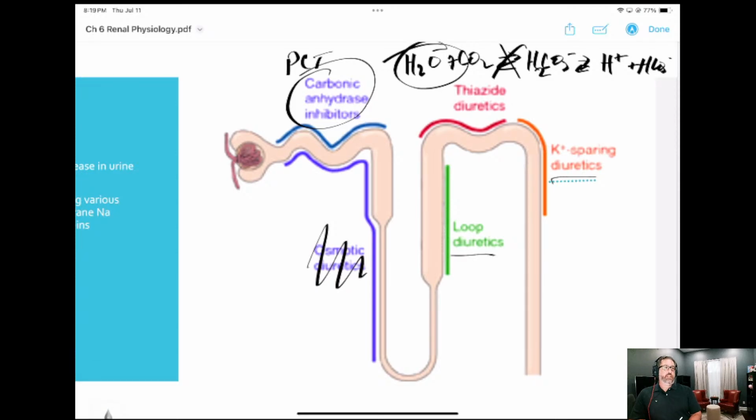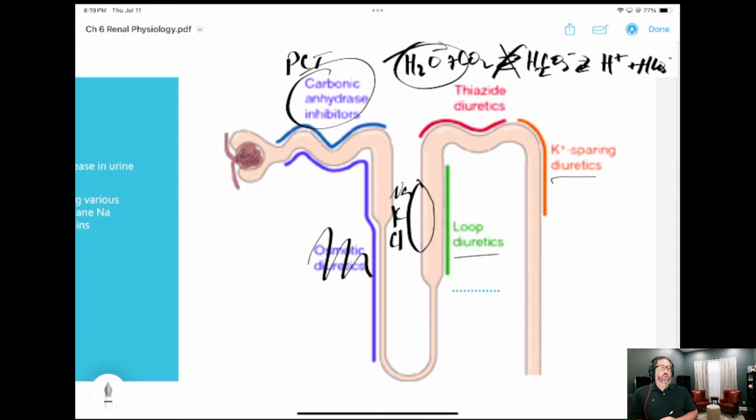Loop diuretics work because of the way the receptors are located in the loop. Remember, in the loop, it is a triple transporter: sodium, potassium, and chloride. All three have to be bound to this receptor for the reabsorption of sodium to occur, to pull it out and back into the bloodstream.